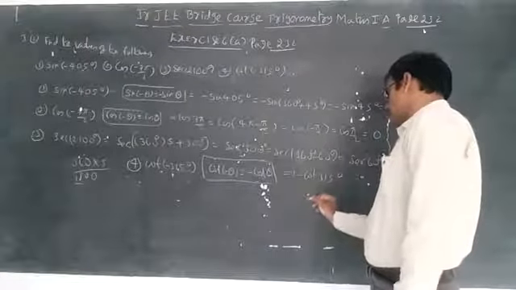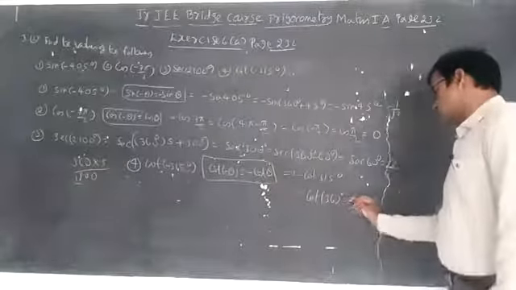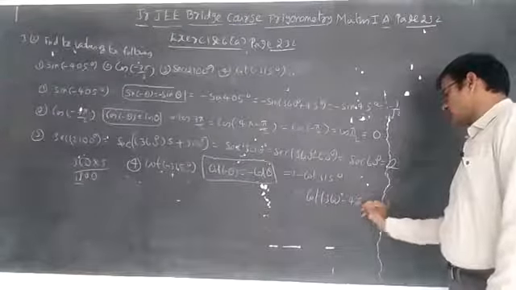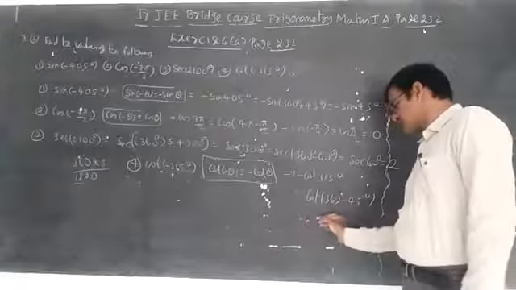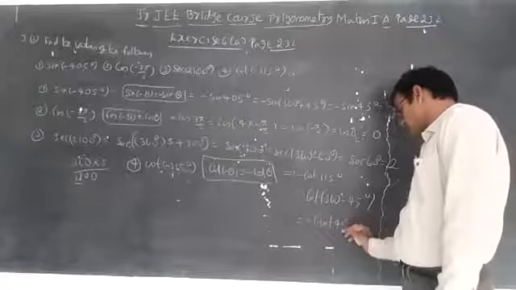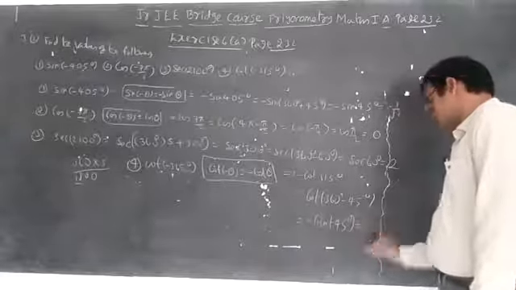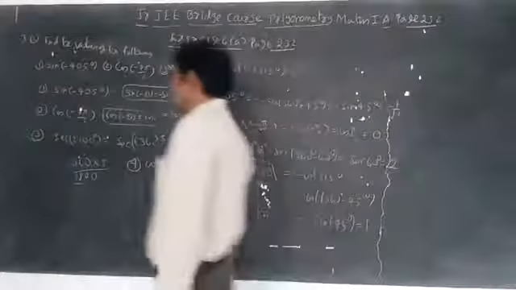This can be written as 360 minus 45 degrees. Cot 360 minus theta is minus cot theta. So minus of minus cot 45 degrees. Minus of minus becomes plus, cot 45 value is 1. So 1 is the value.